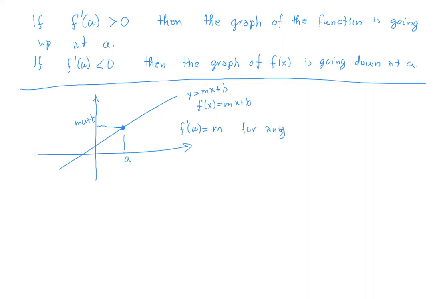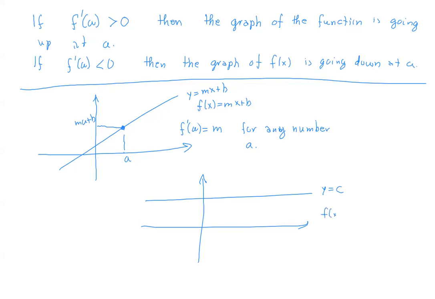So this is a situation where we can compute the derivative very, very easily. In particular, if you have a line which is horizontal, so that would be a constant function, f of x equals c, then its derivative will be equal to 0 for all x's.